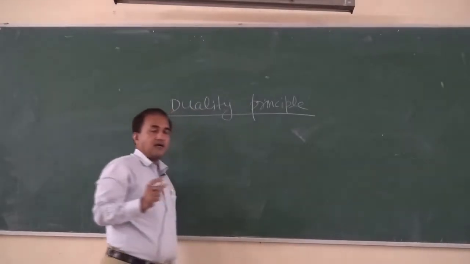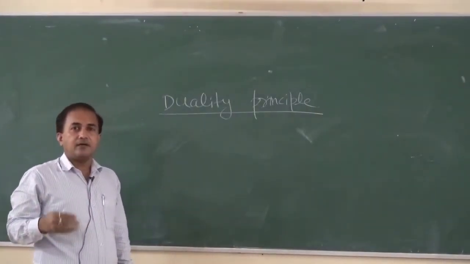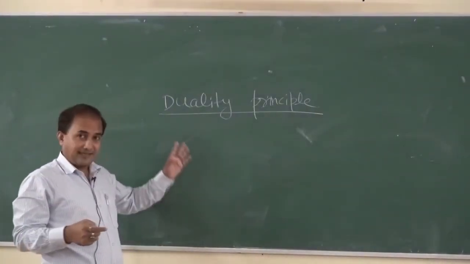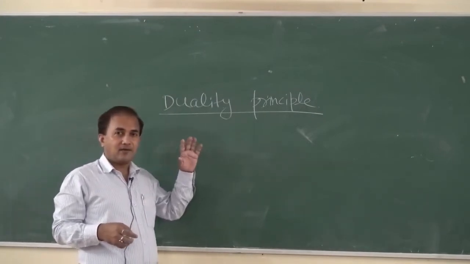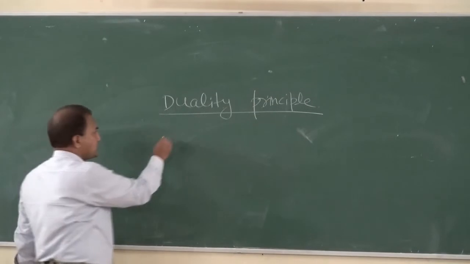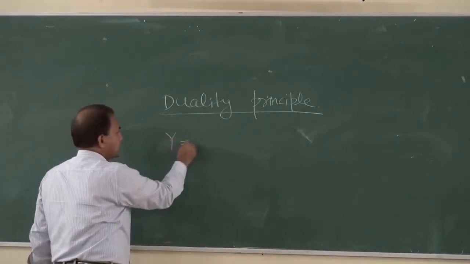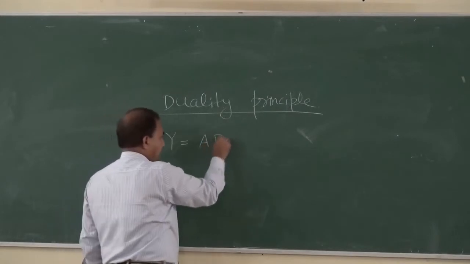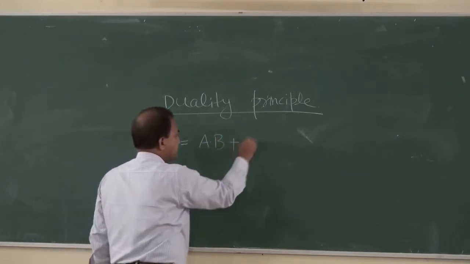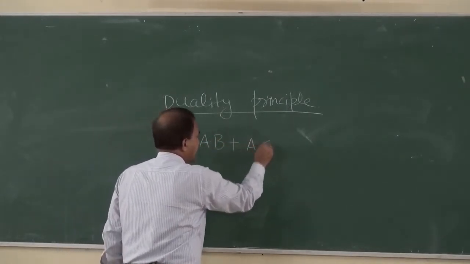In the previous class I discussed De Morgan's theorem, but in this class you will see the duality principle. What is this principle? Suppose y is any function, say y is equal to a dot b plus a dot c.